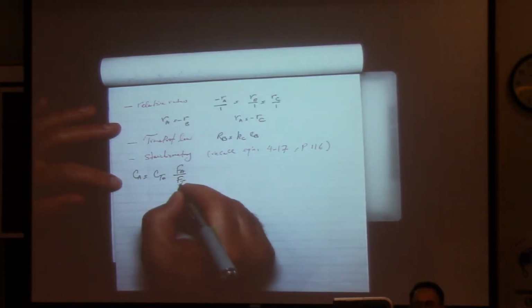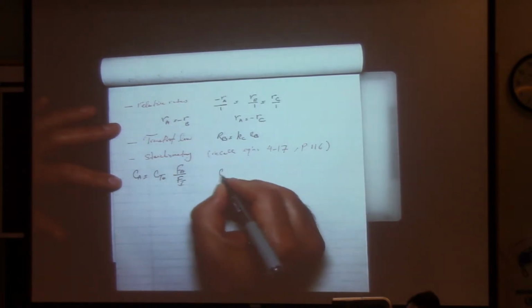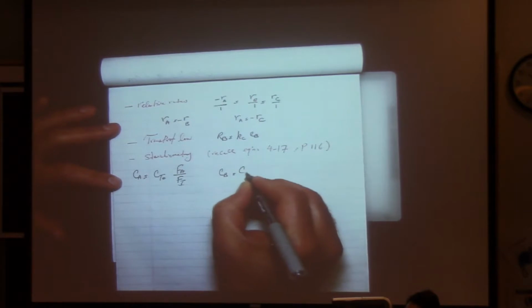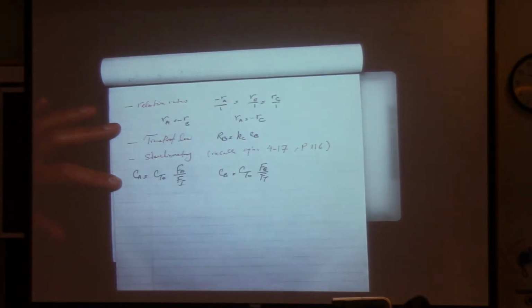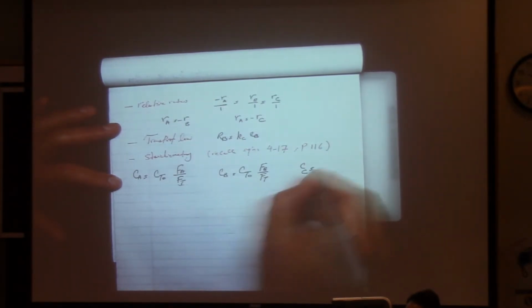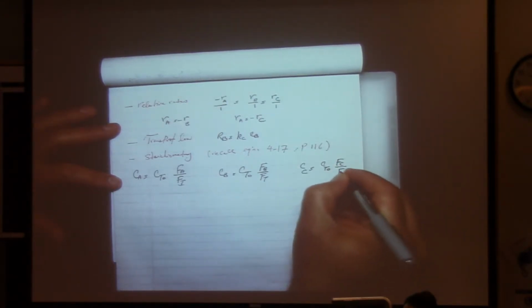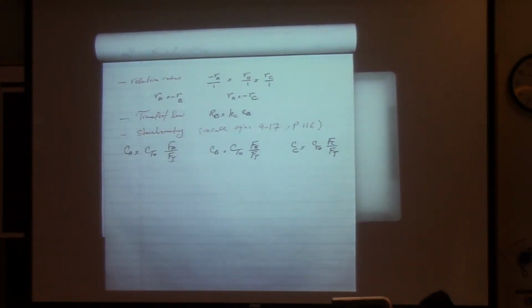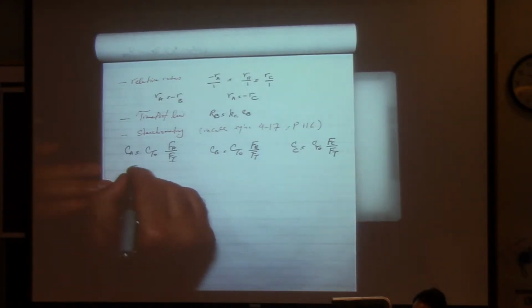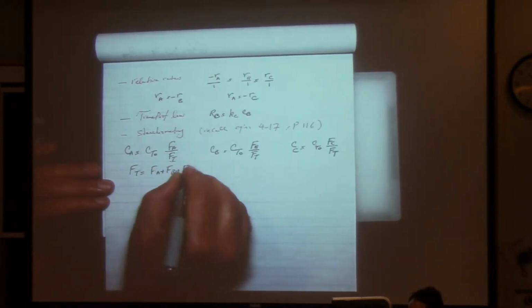FT means total flow rate, and FA is the flow rate of A. CB was CT0 FB over FT, and CC the same thing, CT0 FC over FT, and obviously FT is FA plus FB plus FC.